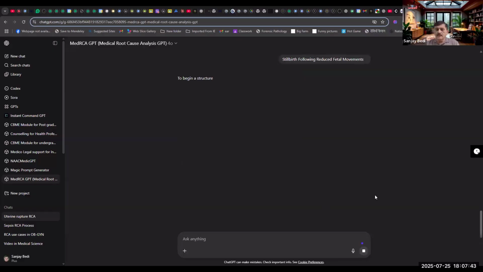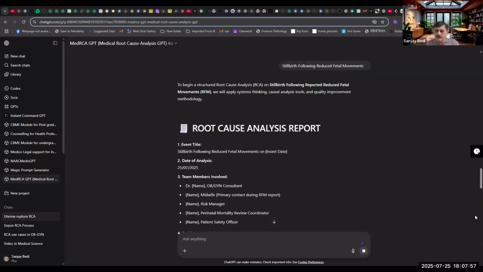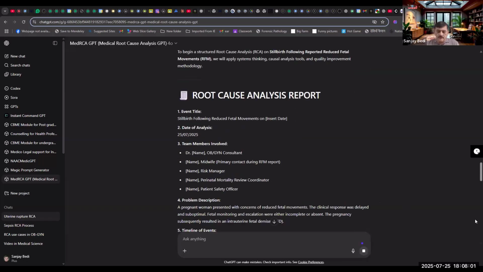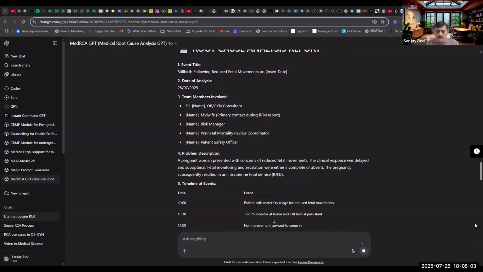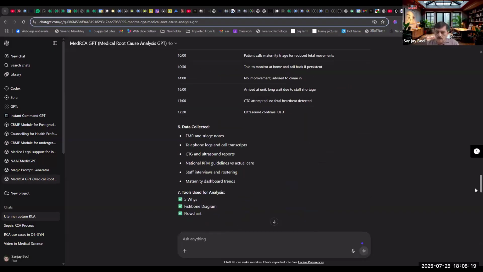Can you see the screen? So if you see the root cause analysis of an event, stillbirth following reduced fetal movements. Event title, a hypothetical name: a pregnant woman presented with concerns of reduced fetal movements. The clinician response was delayed and fetal monitoring and escalation were incomplete.